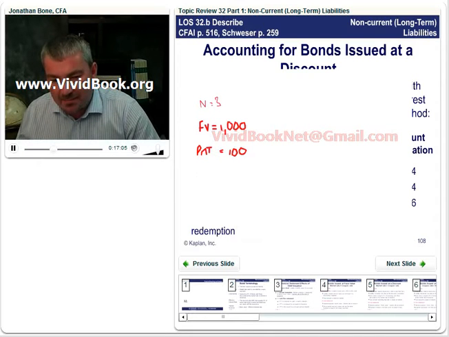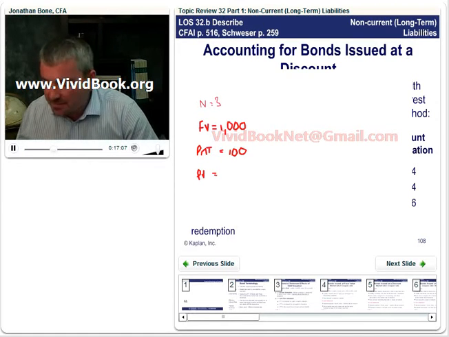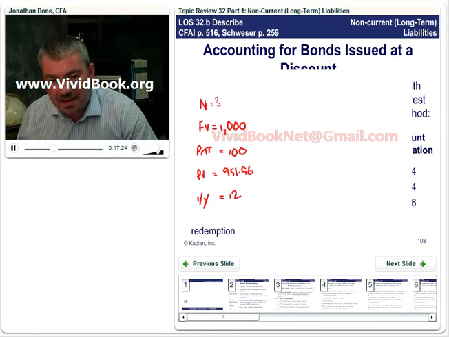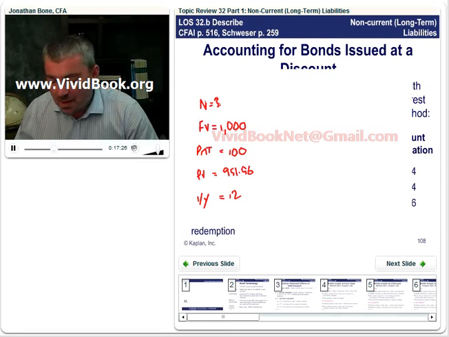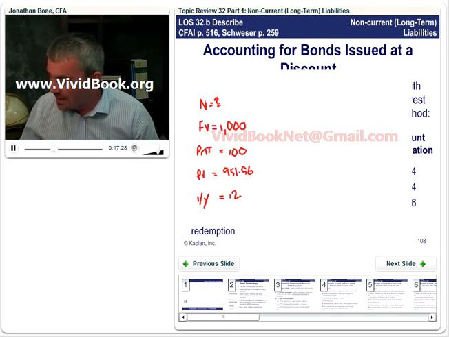Present value is the proceeds received, 951.96. And we can type in IY as well. Either you can compute IY or you could type it in. We've been told that that is 12. Okay, N equals 3. So enter that on your calculator on the time value.